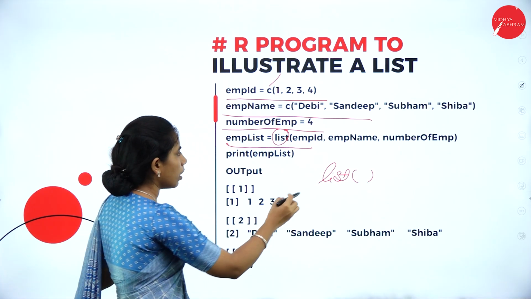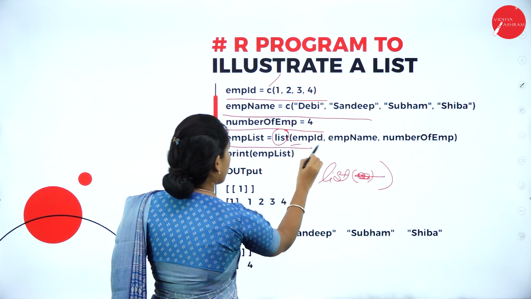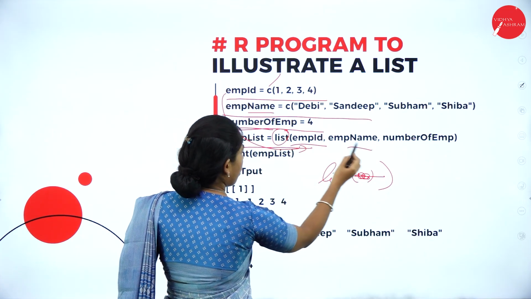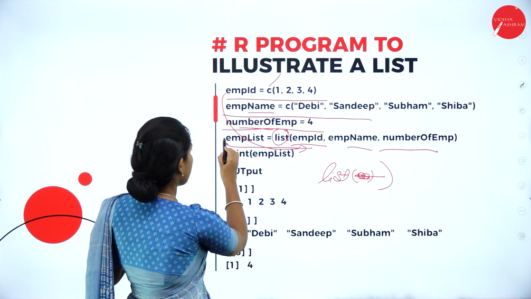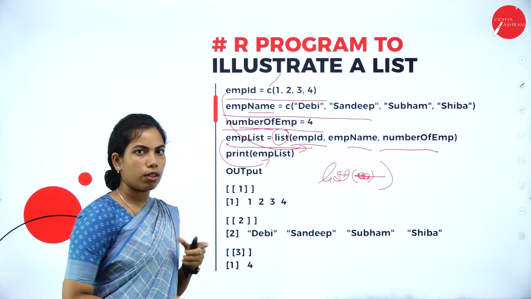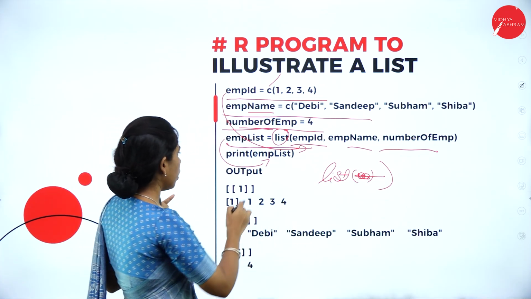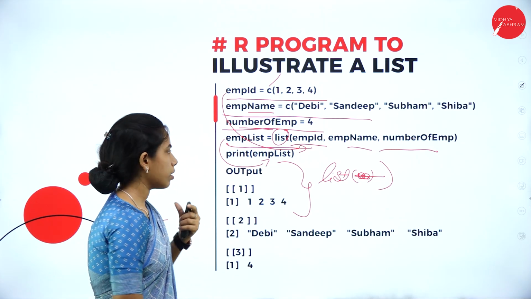Within the list we pass the parameters: the employee ID we already declared, the employee name, and the number of employees. When I call the print statement using the variable called employee list, all the variables should be there.